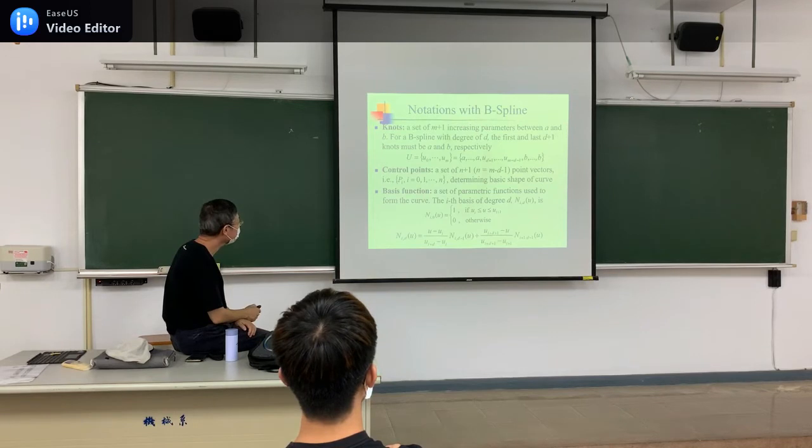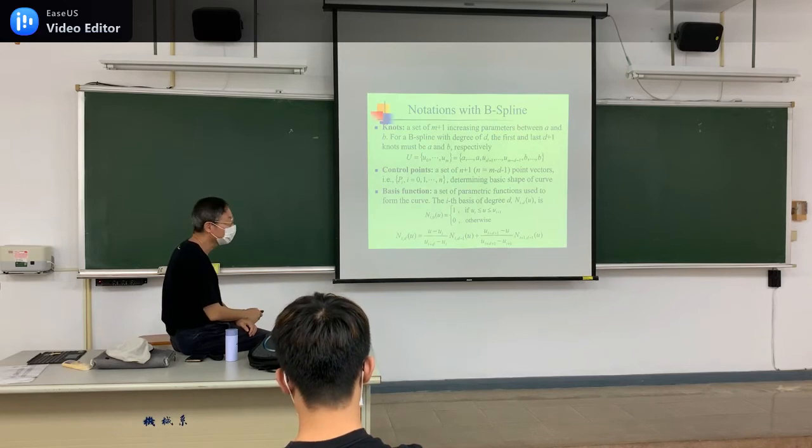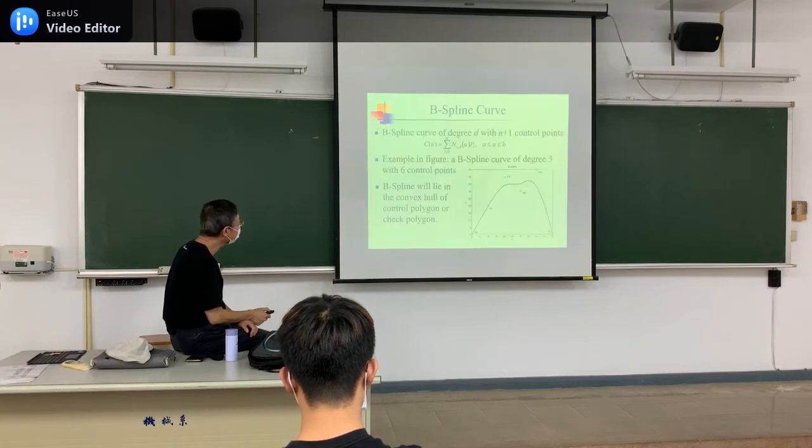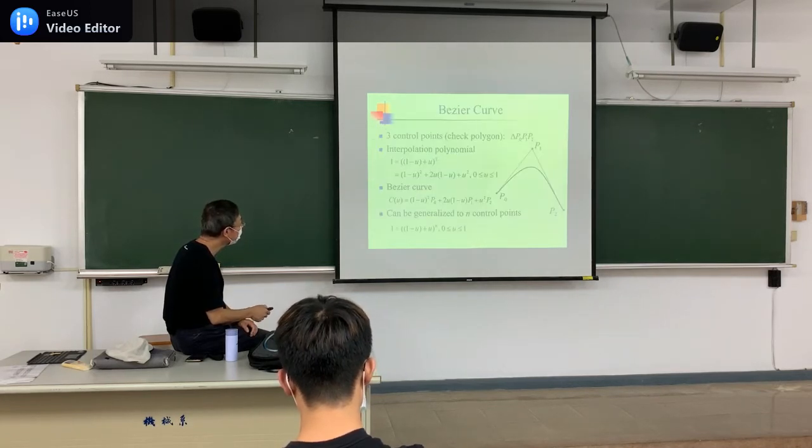So let us introduce several terminologies first. First is called knots. Knots is a set of n plus 1 increasing parameters between two points A and B. Normally, we will take A to be 0, B to be 1, just like here we take u between 0 and 1.